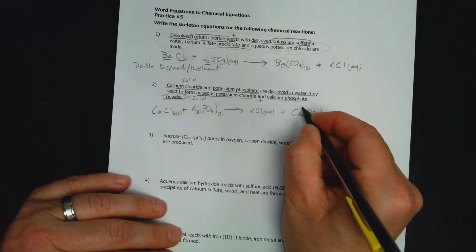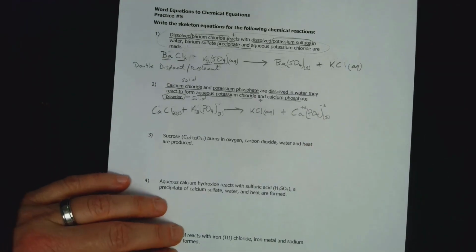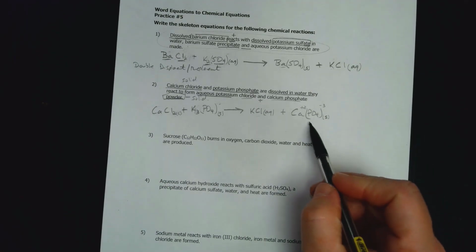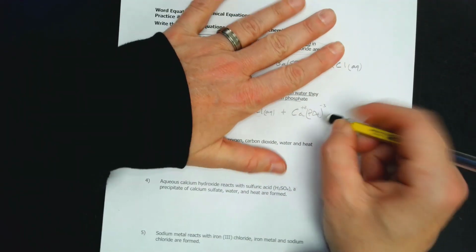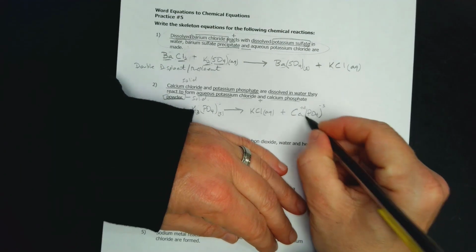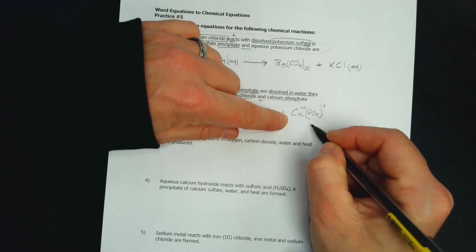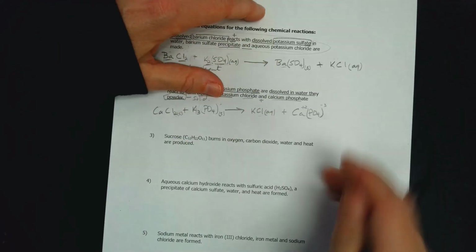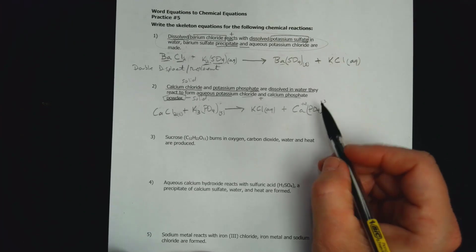And this is a +2 and a -3, which is awkward, because now we have to put subscripts on these to help this work out a little better. This whole phosphate is -3, and this calcium is +2. So this is where we go all the way back to elementary school math with common denominators.